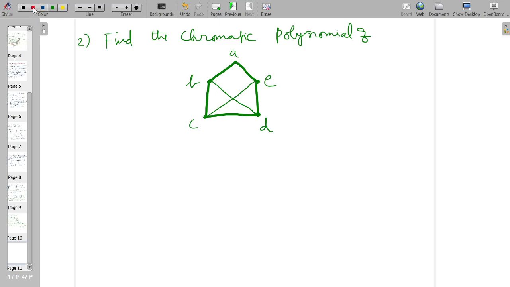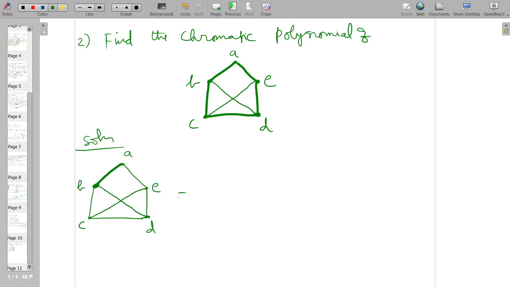So now I'll start with the solution like this. I have this A, B, C, this one is D, this one is E. Join these two.